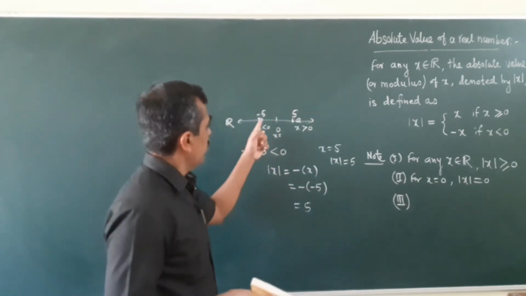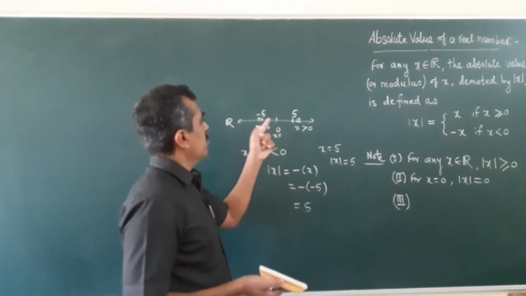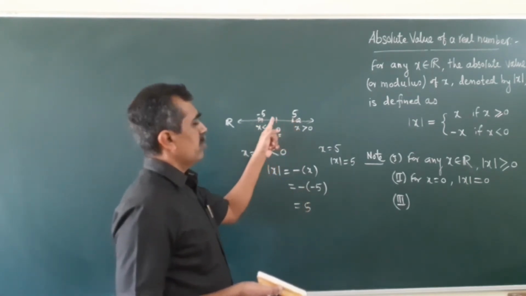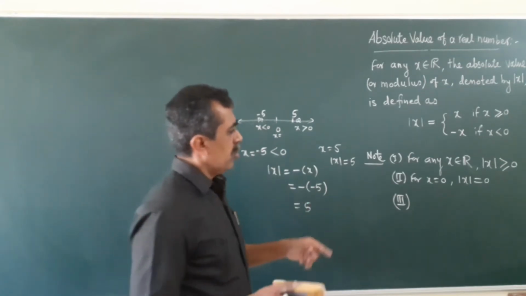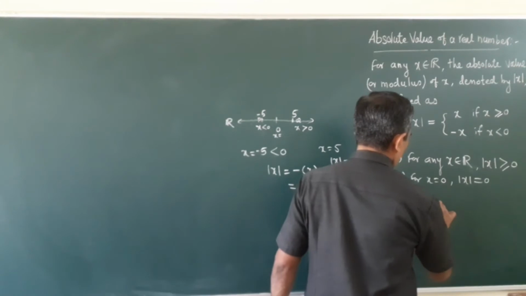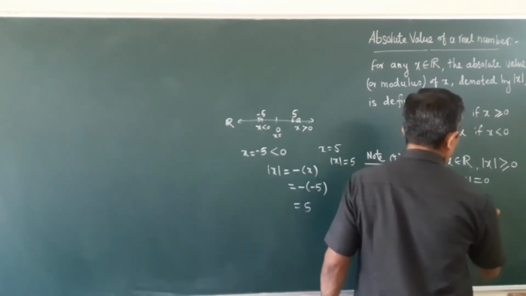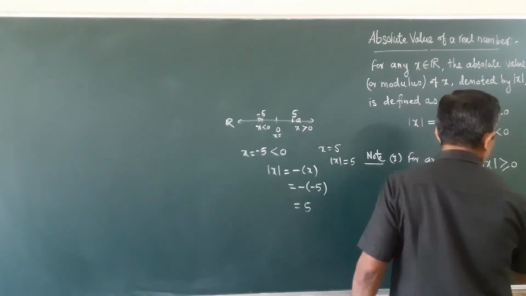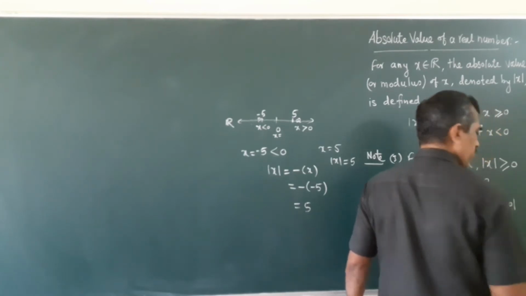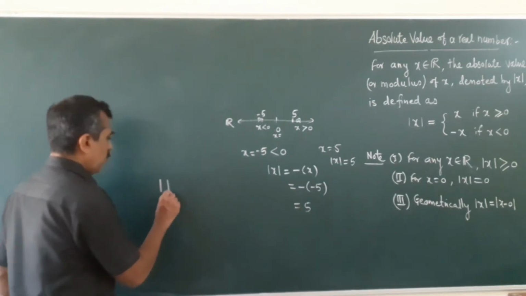So therefore, geometrically, what is the geometrical meaning? Mod of minus 5 is also 5, mod of 5 is also 5. So geometrically, mod x, you may write it like this also: mod of x minus 0.